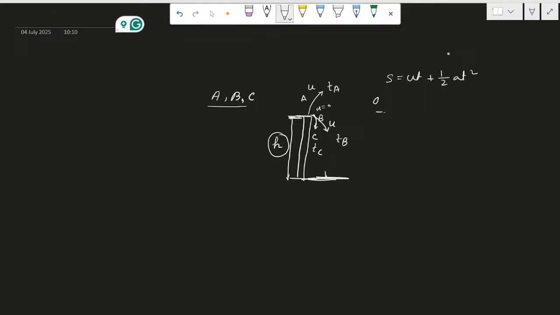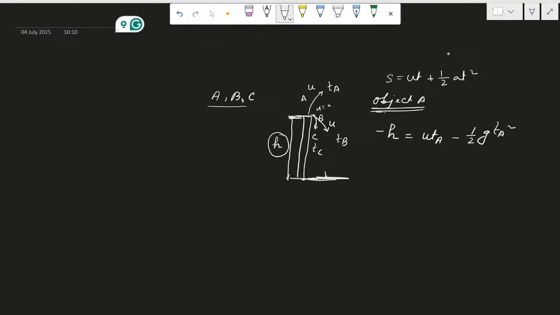Now for object A, it should be minus h, displacement is minus h coming down, and projected upward, so u ta I'm giving, then minus half g, because g is always negative, it is towards the center of the earth, downward direction, and then this is ta square. So this is the formula for A.